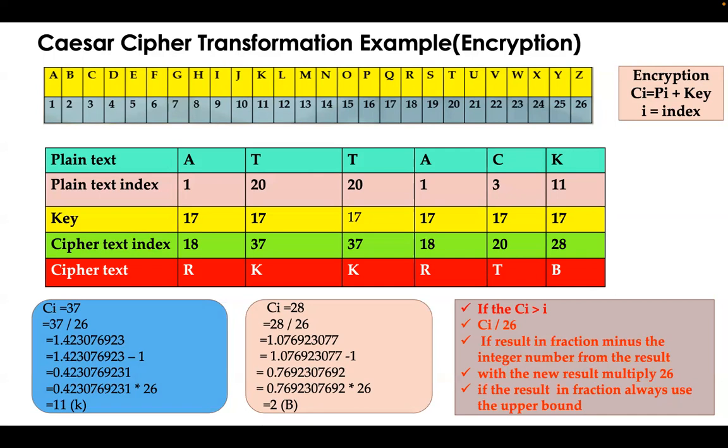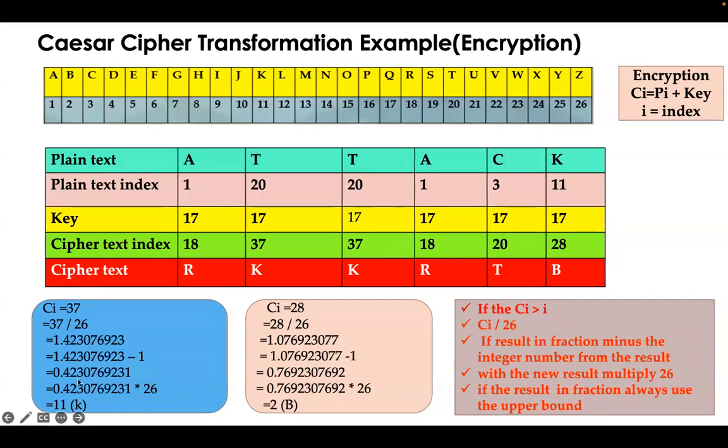After that, we will get the answer 0.7692307692. And with this result, we have to multiply by 26. And after that, we will get our desired index, which is 2. In 2 number index, we can find that there is the alphabet B. So this is the process how we can get the ciphertext from the plaintext.